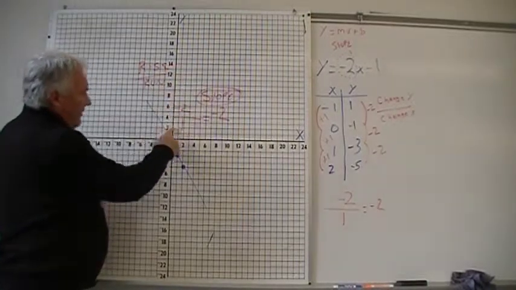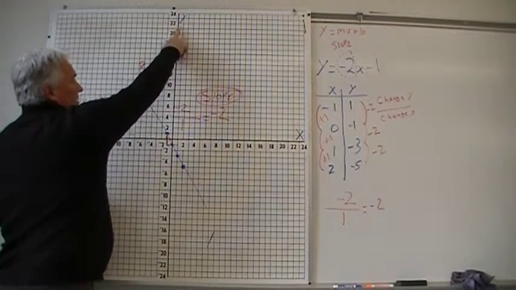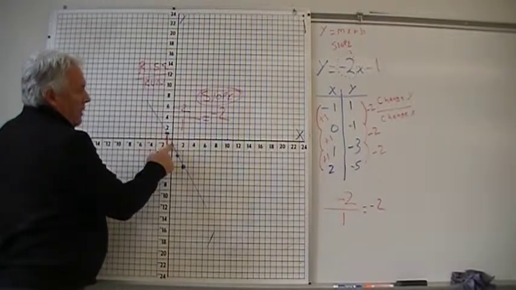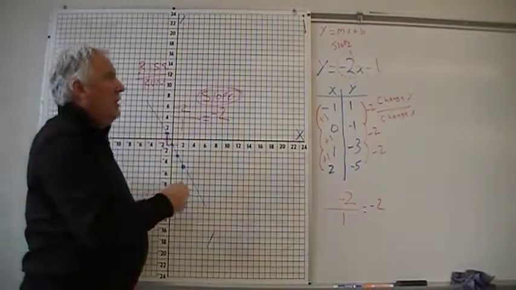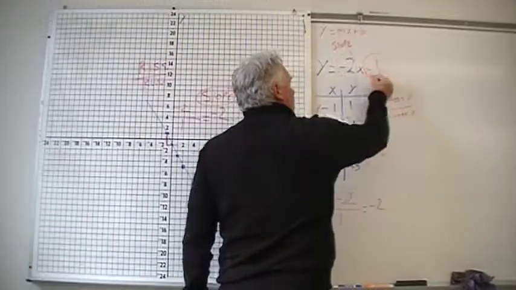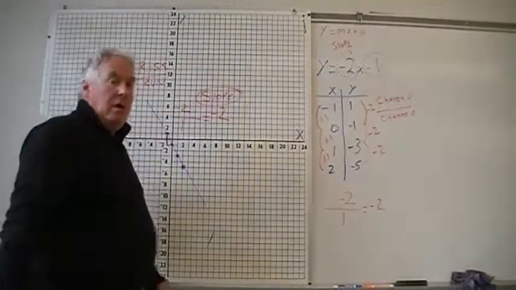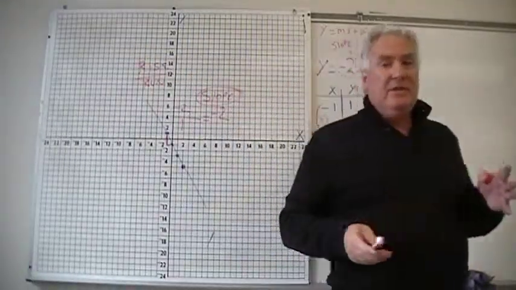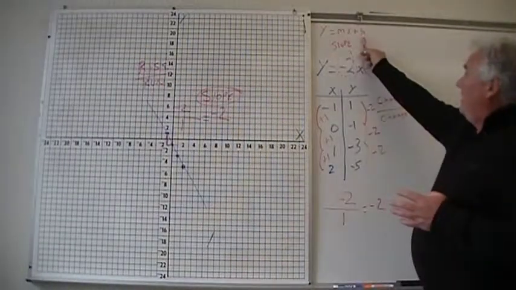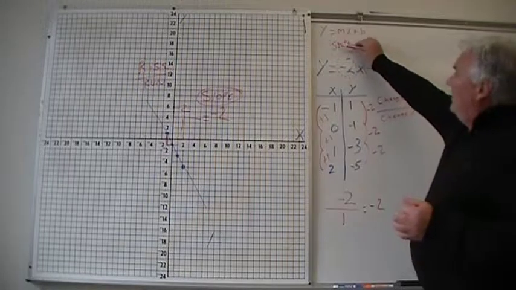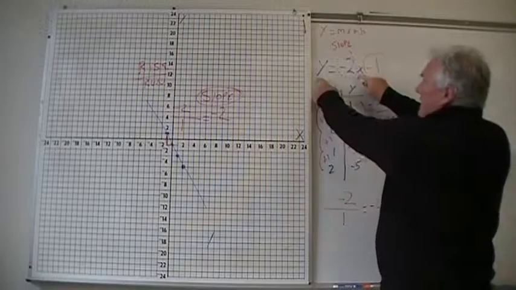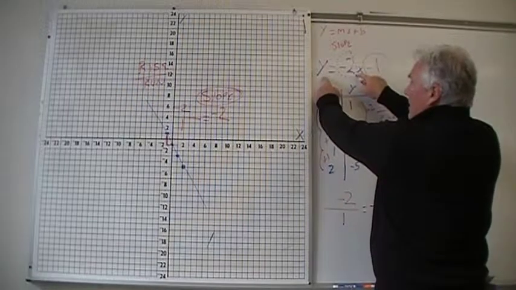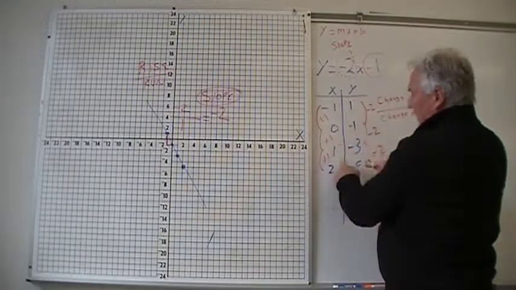So identify your y-axis. Where does it cross? Right there at -1. Oh my gosh, look at this right there. So when we have this formula of y equals mx plus b, it's really what's the slope and what's the y-intercept. And x and y are these points right here.